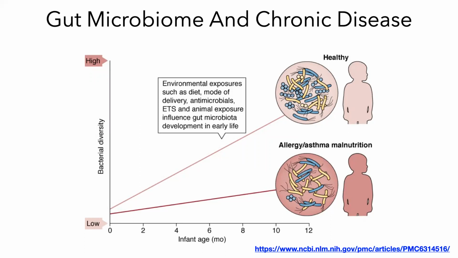And especially in the infant gut bacterial microbiome, there's a process of diversification in the first year of life. Those that typically develop allergies and all kinds of autoimmune diseases like asthma are malnourished, right? So again, this is nutrients coming in. The diversity of those nutrients is very important to create and stabilize a certain environment within the gut.